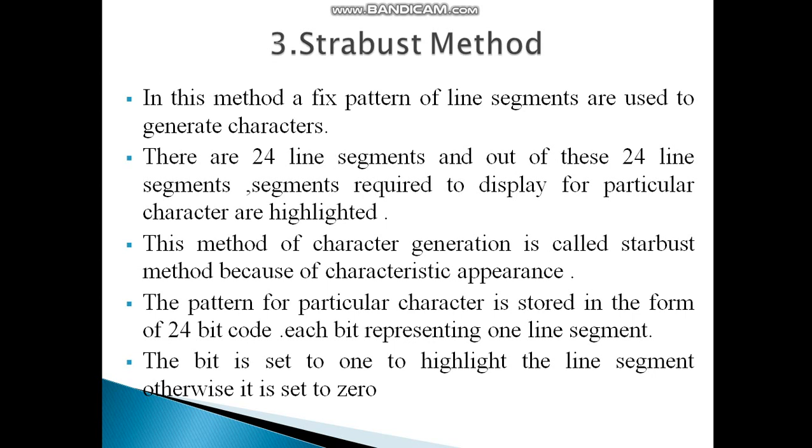Whichever part of the character is drawn is displayed, and that part of the character is put as value 1, highlighted, and whichever is not part of the character is not displayed, so put the value as 0 instead of 1.